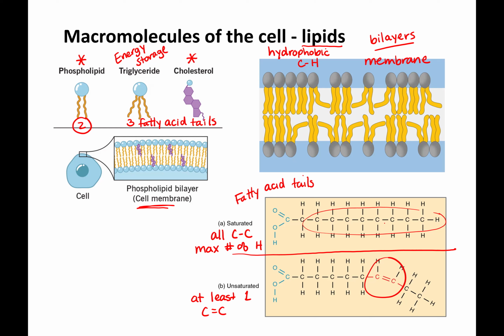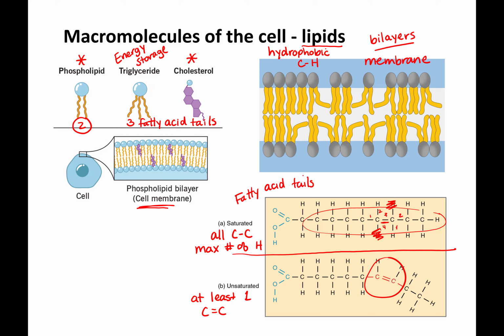When you make a double bond, like up here, we would lose two hydrogens. Carbon can only make four bonds total, so you would have 1, 2, 3, 4, and the same with this other one, 4, 3, 2, 1.